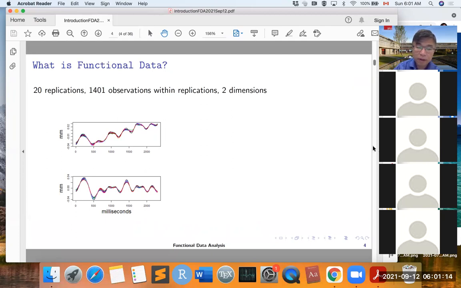Again, these data are functional data because the position of the pen can be treated as a function of time. This gives you an idea of the characteristics of functional data. First, functional data is often complex. You can see these curves going up and down with a very complex trend.